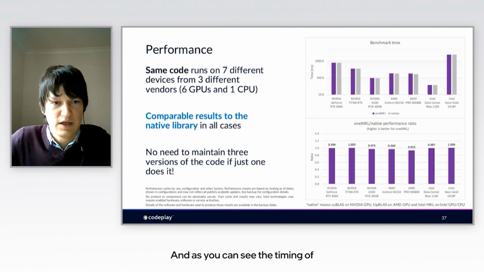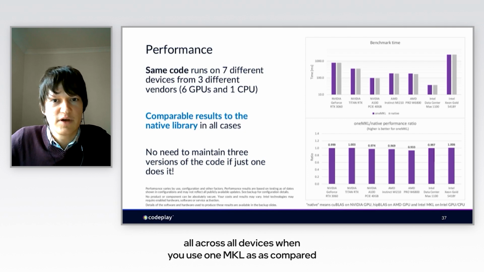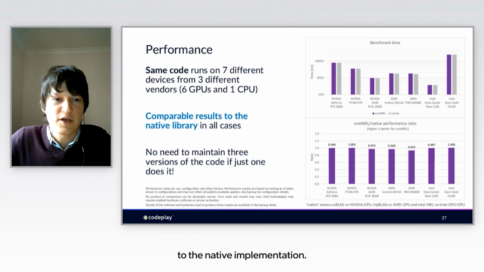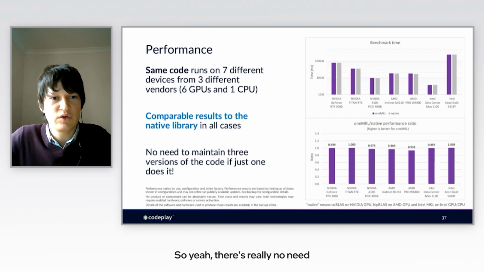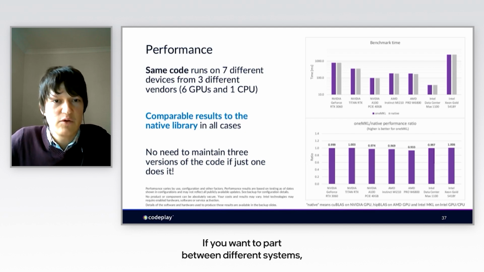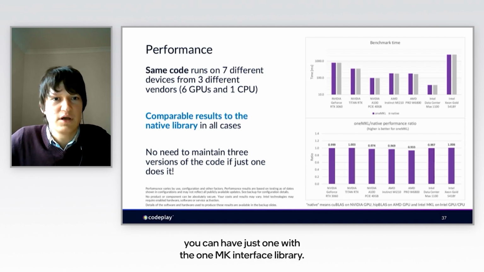As you can see, the timing of the computation is basically the same across all devices when you use oneMKL as compared to the native implementation. So there's really no need to maintain 3 versions of the code if you want to port between different systems. You can have just one with the oneMKL interface library.